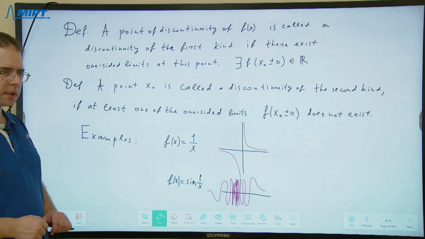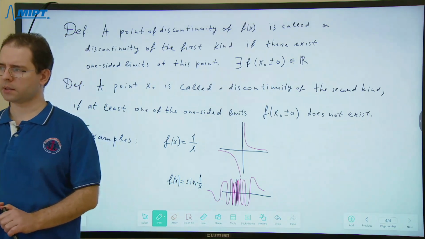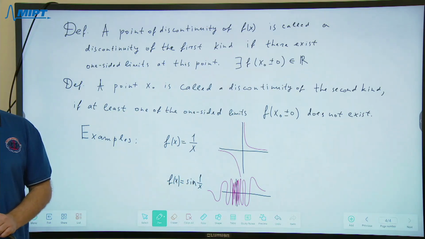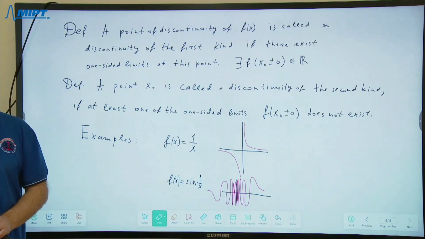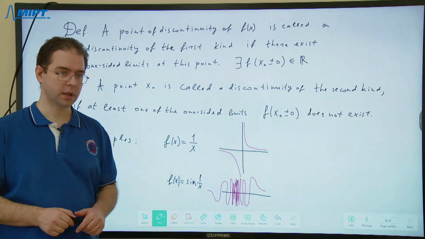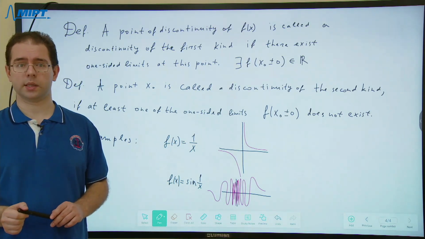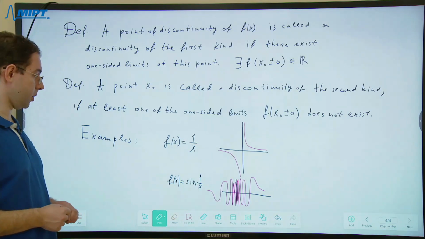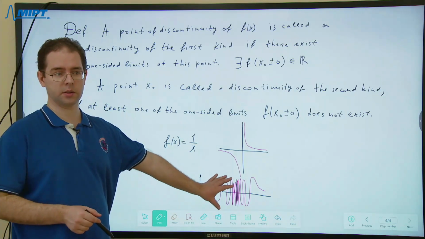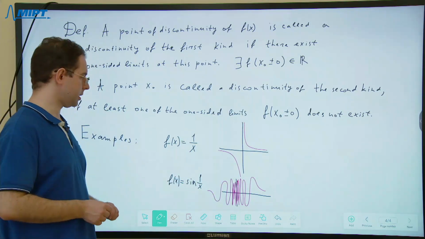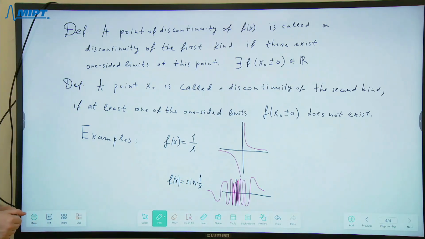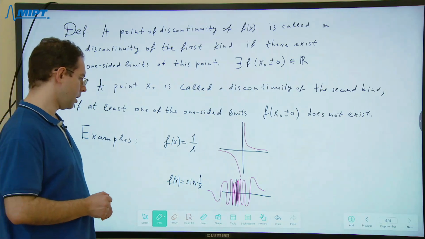During seminars you should have discussed that this function does not have a limit at point 0 and specifically does not have any of the one-sided limits. Even though this function is finite, so this is not infinity, there just isn't a limit.